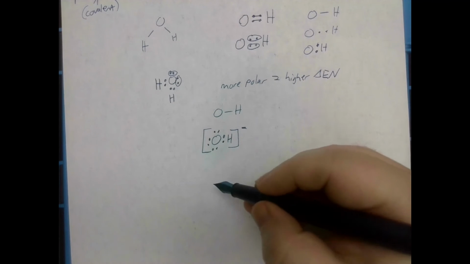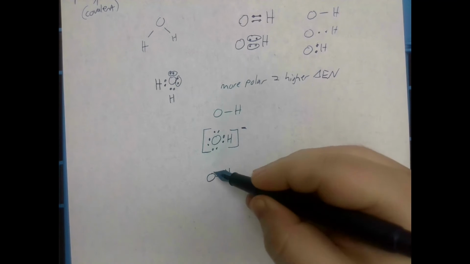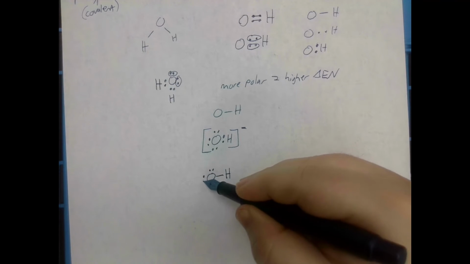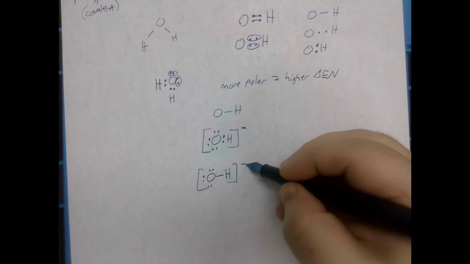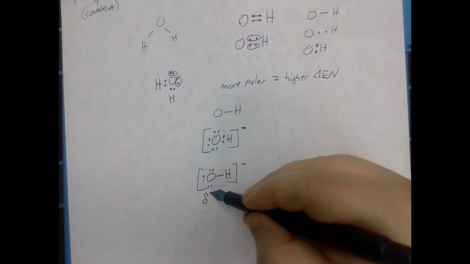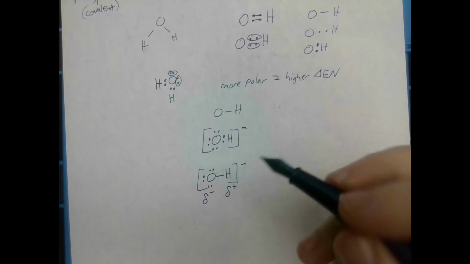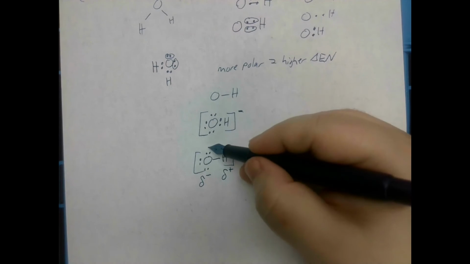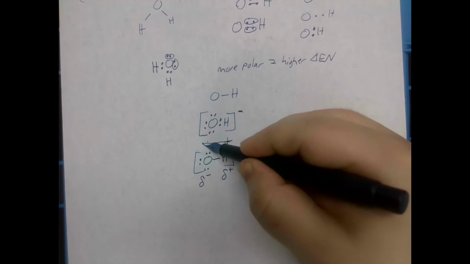You would represent, so if you're doing it with lines, this would be your delta negative side. This would be your delta plus side. Or if you want to use the arrow notation, this is your plus. So the arrow will point to the left.